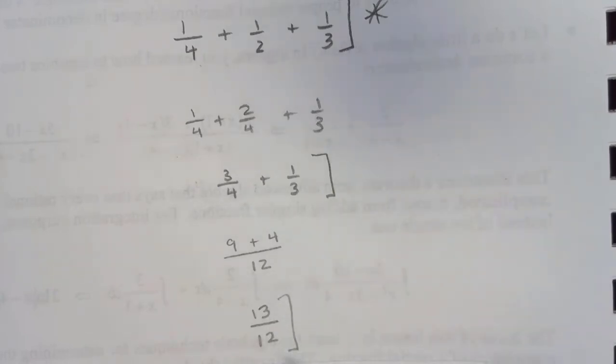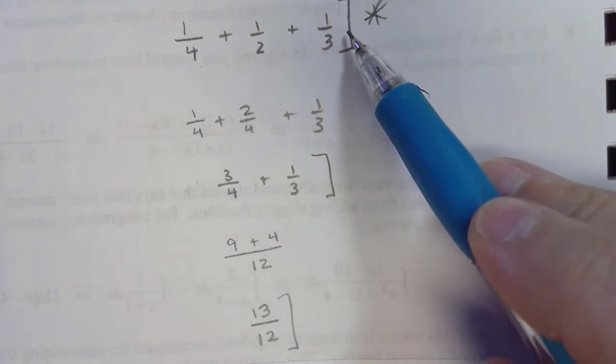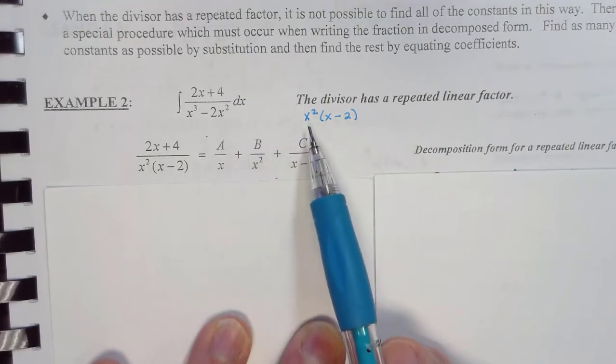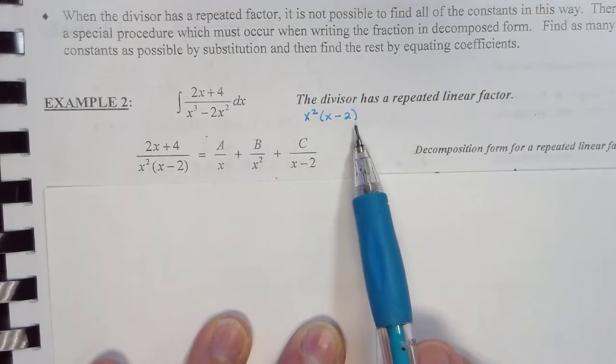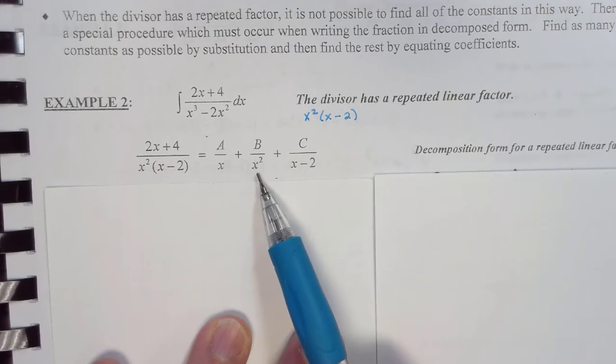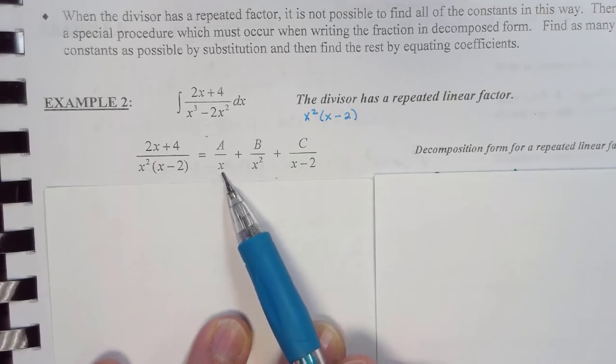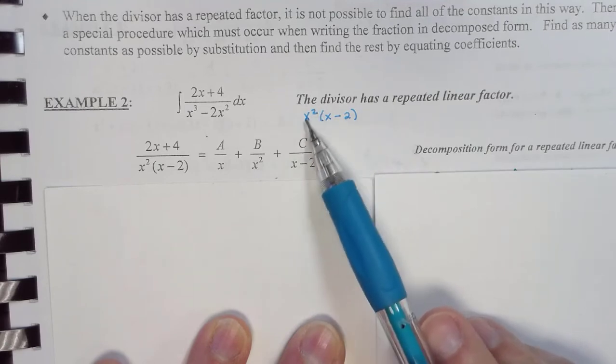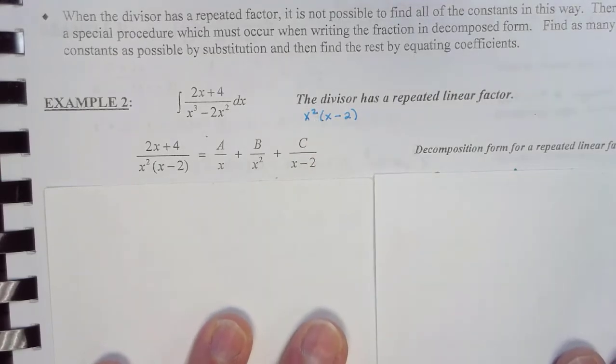This could have come, this sum, from here. So this is why when we have a repeated linear factor, we have to account for that factor to the first power or to the second, or if it's got a higher degree than that, continuing on.